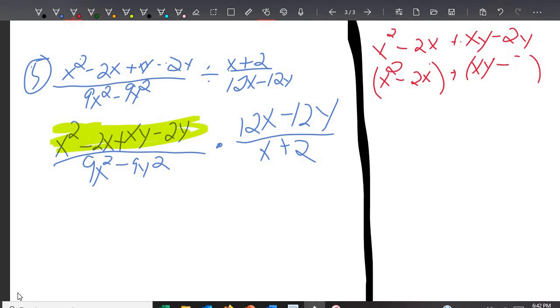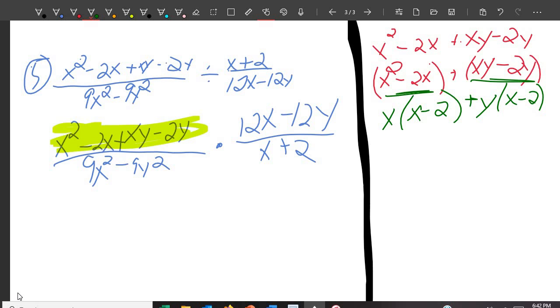And then we're going to factor out a GCF. Alright, on this one, they have an x in common, so we can take out the x. This one, they've got a y in common, so we factor that out, and we're left with x minus 2.